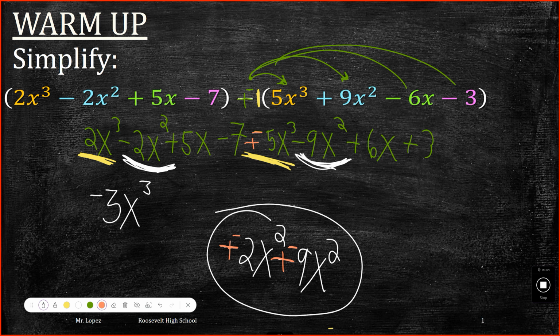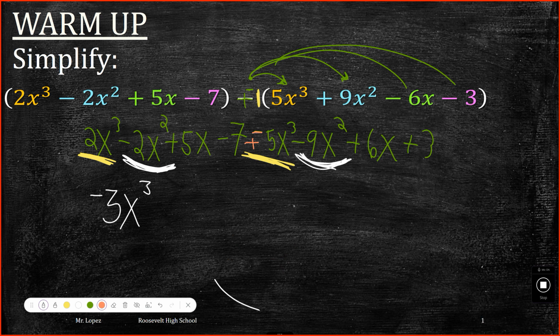How much do you owe total? 11. You owe 11. That's good. Let's stop. I've got to get going with this. Negative 2 plus negative 9 is negative 11x squared.